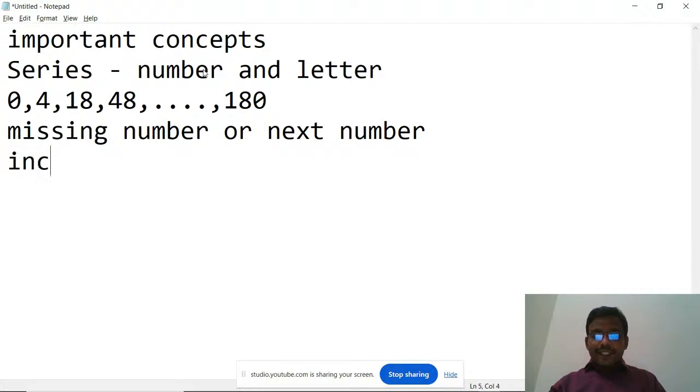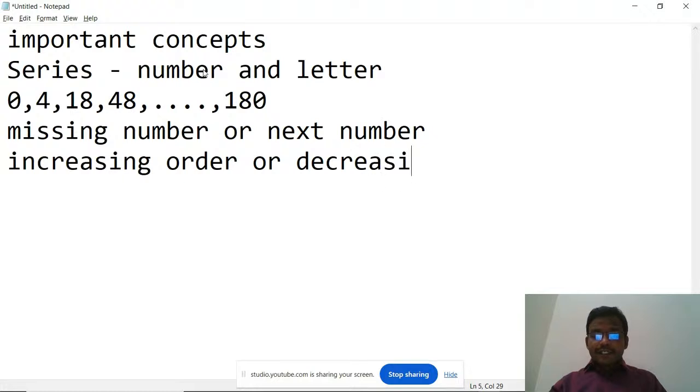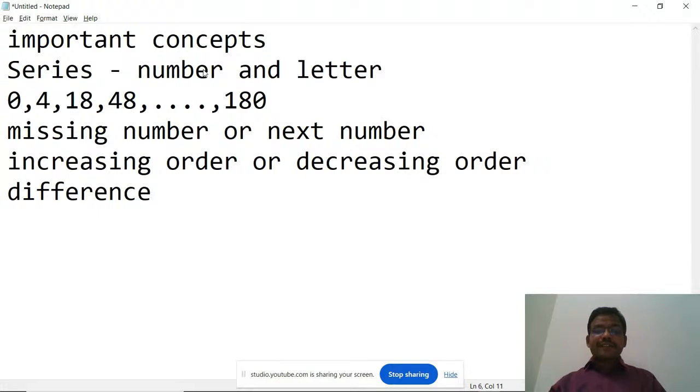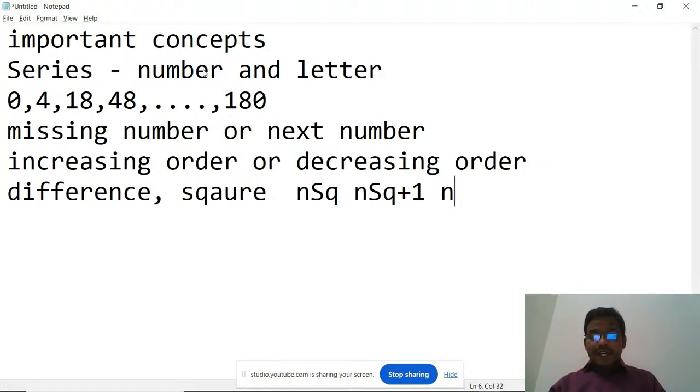If the series is in increasing or decreasing order, you have to focus on the difference. You have to give preference to the square difference, that may be n square, n square plus 1, or n square minus 1. So the logic can be anything.